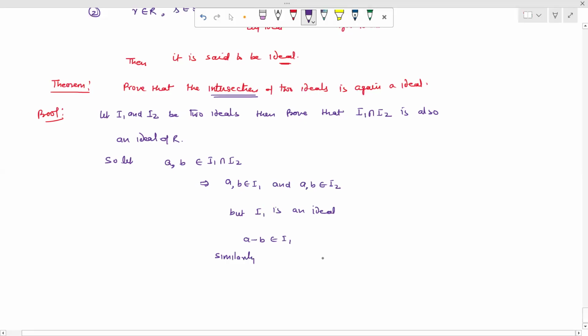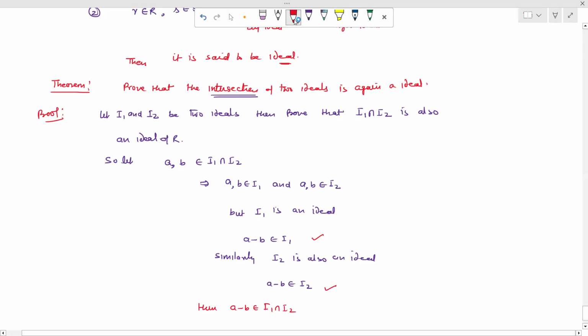Similarly, I2 is also an ideal, so we write A minus B also belongs to I2. So when A minus B belongs to I1 and A minus B belongs to I2, then we can say that A minus B belongs to I1 intersection I2.